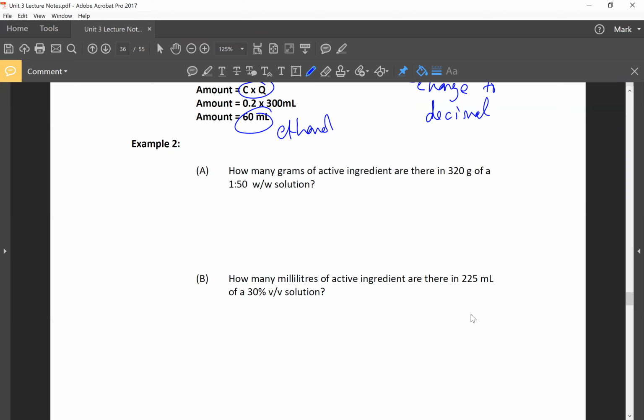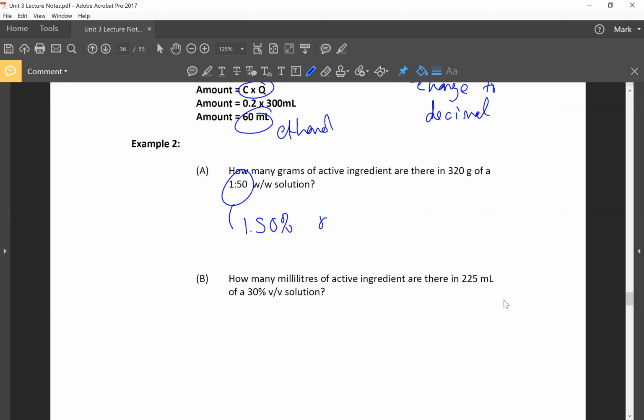I think I can figure this out. The answer is 6.4. So again, what I'm trying to do, guys, is to see if whoever created this book means that it's 1.5% or a 1 to 50 solution, as in a ratio. They're very different numbers. So let me see. If it's a typo, I can fix it. Times 320. Yeah, it is. Okay. That's what I figured.